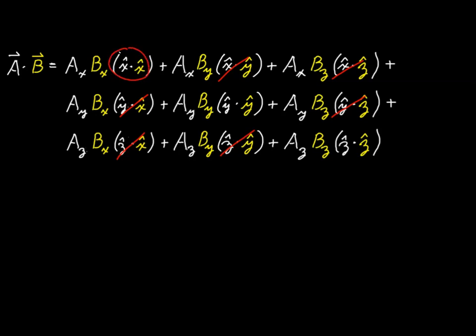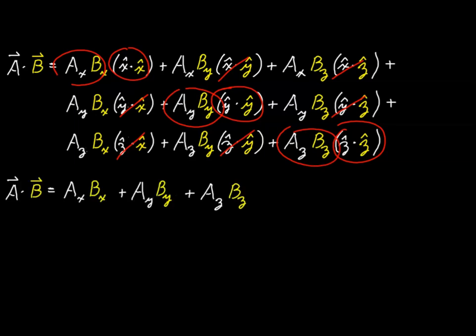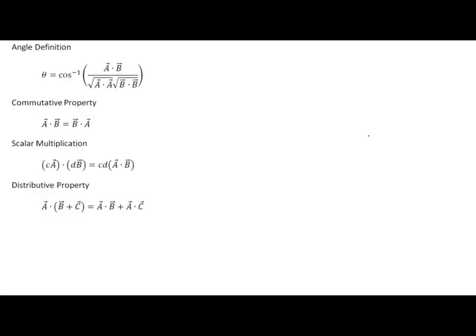Each of these cases where the unit basis vectors are dotted with themselves will give us just the length. They're unit vectors, so each of these expressions evaluates to 1. Therefore, the only terms that survive are these 3. And that gives us this expression for the dot product in Cartesian coordinates. So we can add that to our fact sheet as well.